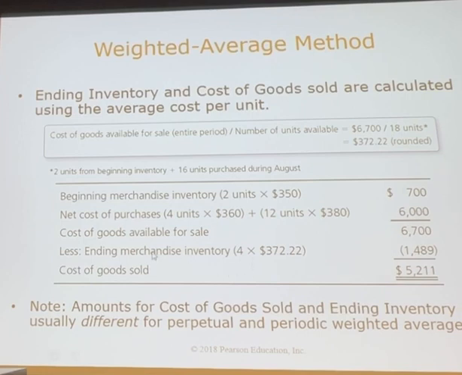Then when we're computing the ending merchandise inventory, that's the figure that we use to compute that. And that's actually the same weighted average cost that applies to cost of goods sold, but we don't have to make a separate computation of that for cost of goods sold because it's just much easier to subtract to get what your cost of goods sold would be for the period here.